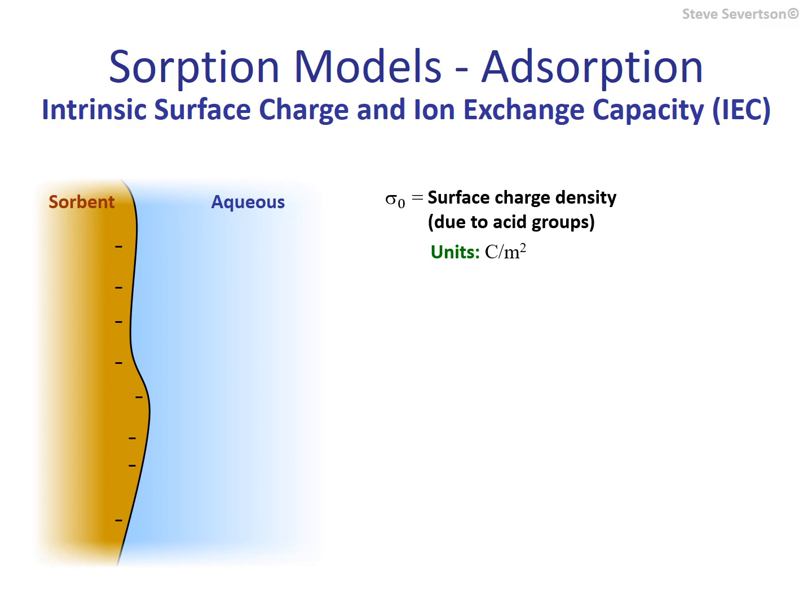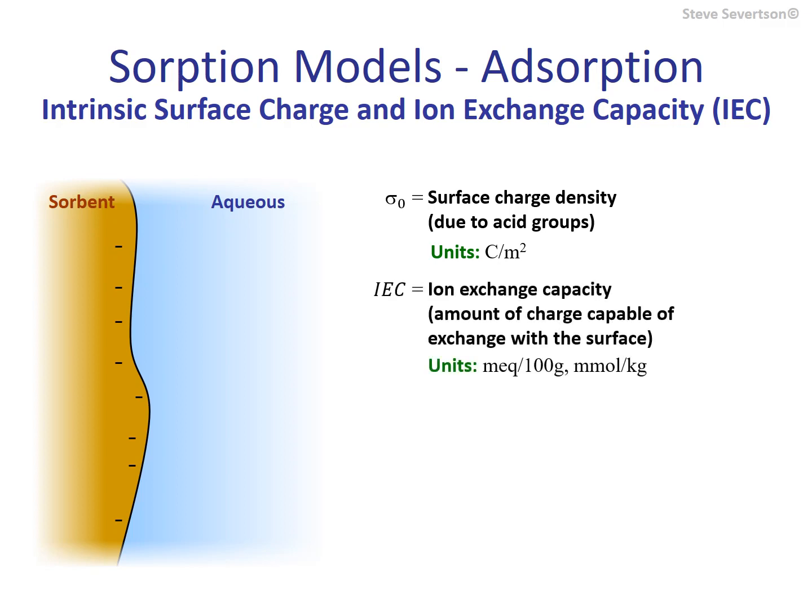The adsorption of organic cations involves the displacement of existing cations, usually inorganic, that act to neutralize acid groups. This type of reaction is suitably referred to as an ion exchange reaction, and the total concentration of sites, acid groups, available for the exchange reaction per unit mass is known as the solid material's ion exchange capacity, or IEC.